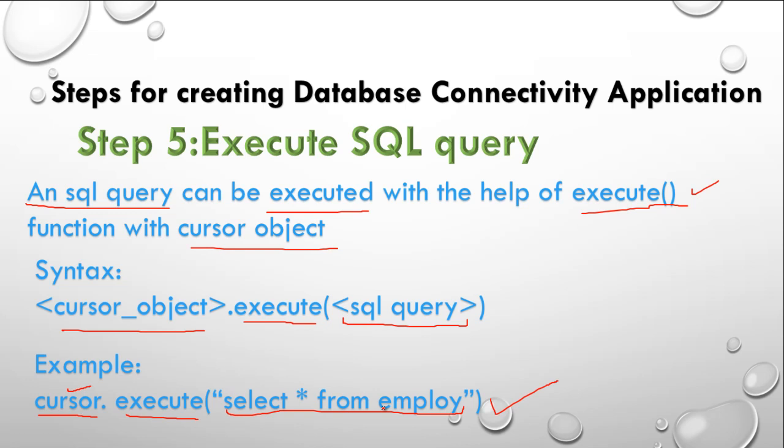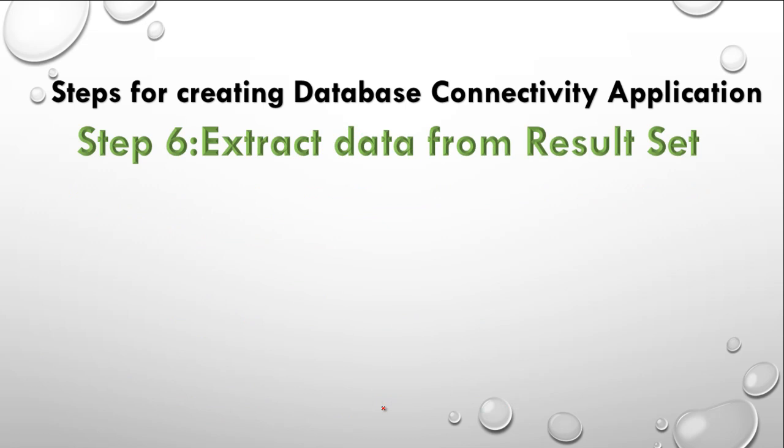Okay, now the next thing is that after the cursor is ready, we have to extract data from the result set. Once the result set data gets stored in the cursor, what we have to do is obtain the data which is present in the result set.